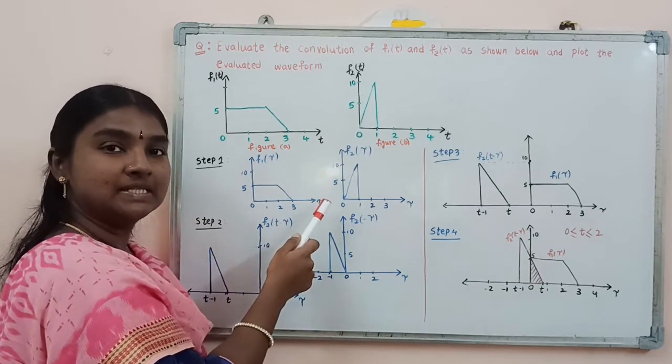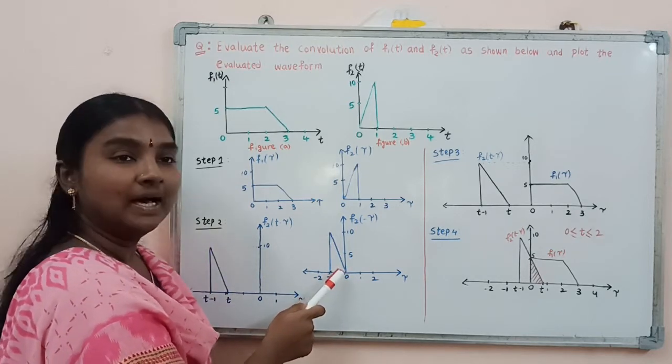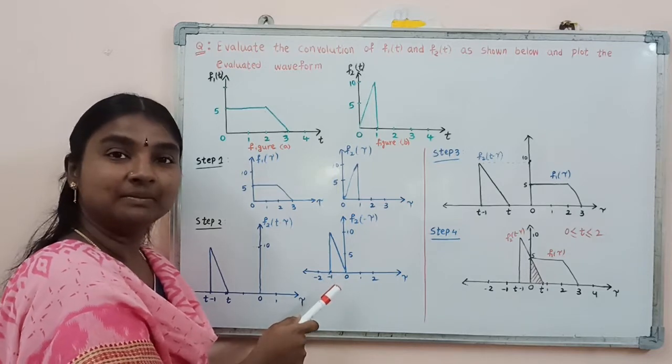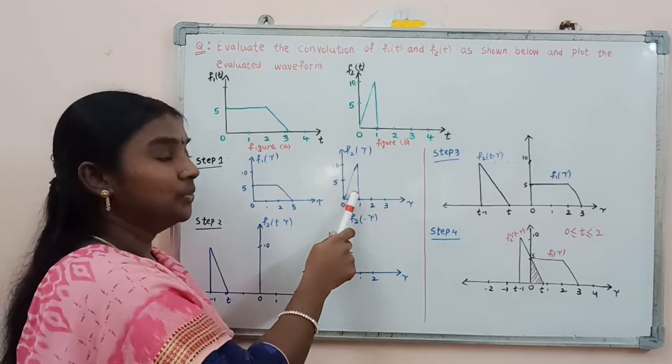Now in the next step, step 2, we need to find the f2 of minus tau signal. That is nothing but doing the time reversal operation of this f2 of tau.